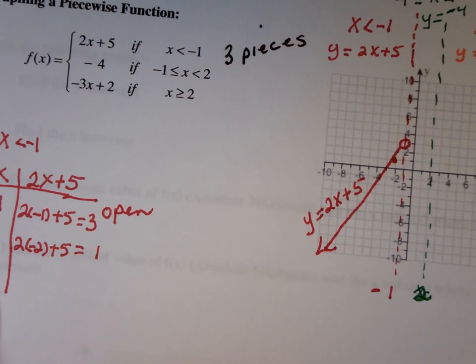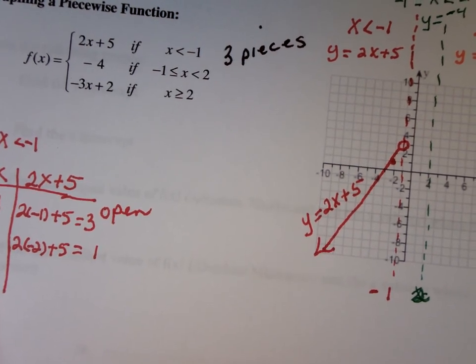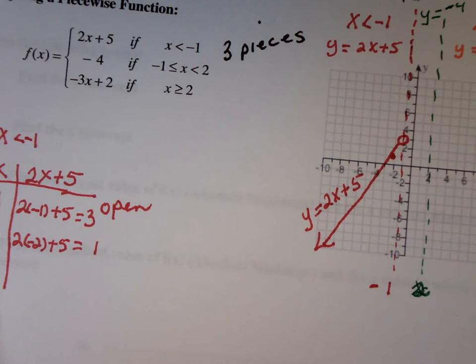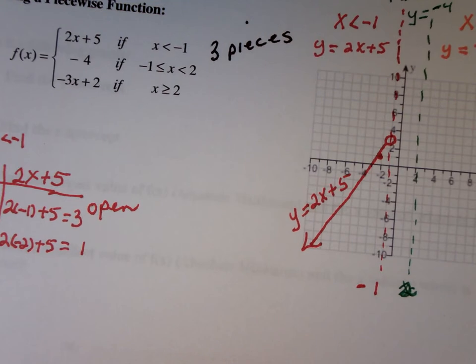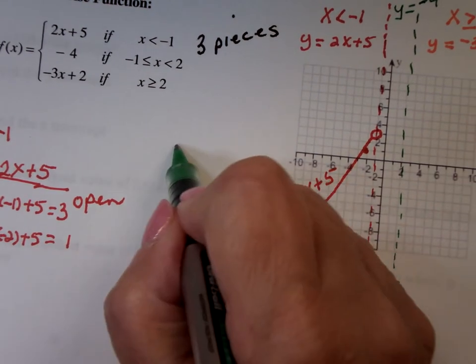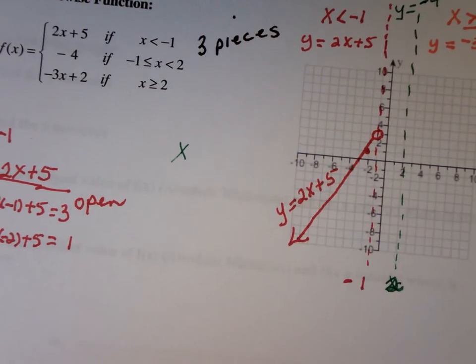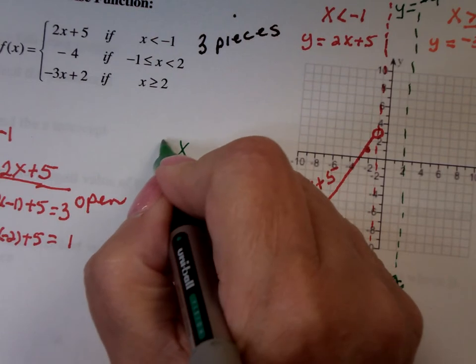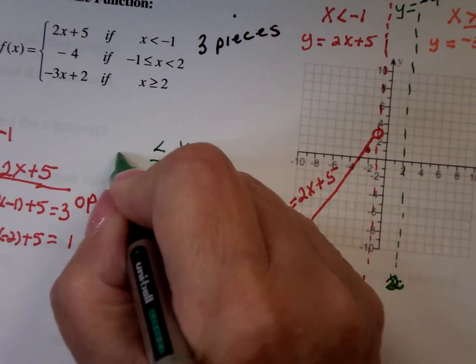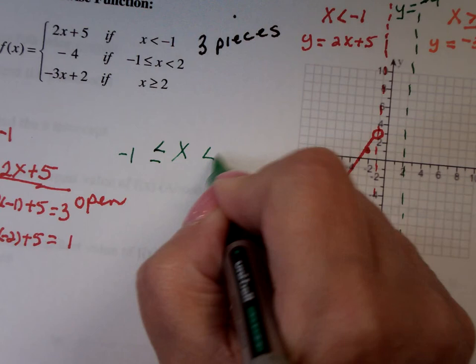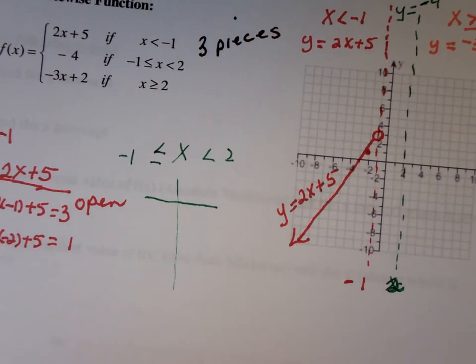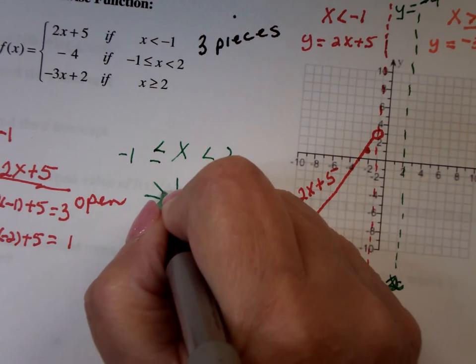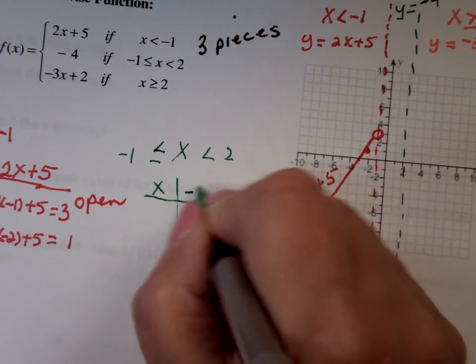Pain. Pain to do a piecewise graph. Just painful. And then I want x's that are greater than or equal to -1, but less than 2. So y equals -4.